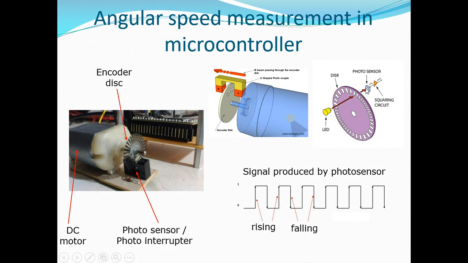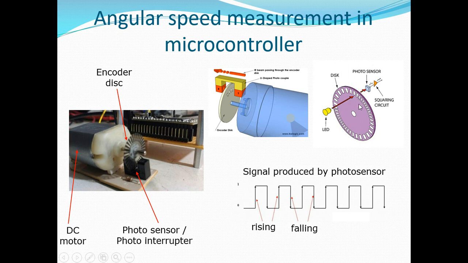This one will transmit, this one will receive, and every time they go to the hole here, the photosensor will detect an input from the LED. But if they are not going to the hole area, the photosensor will not detect any light from the LED. Then this is how they measure.